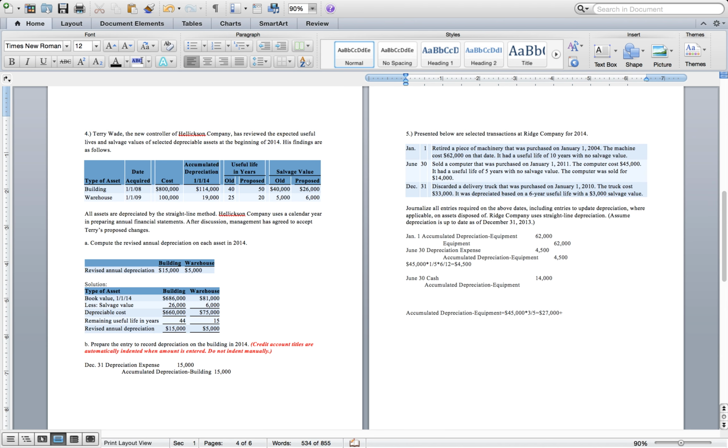Except, don't forget, you also got to add in that $4,500 at June 30th, so plus $4,500. The total amount of cumulative depreciation you have when you sold it was $31,500. So I'm going to debit accumulated depreciation equipment, $31,500. Now you don't have this equipment anymore, so you want to credit equipment for its original cost, which was $45,000.